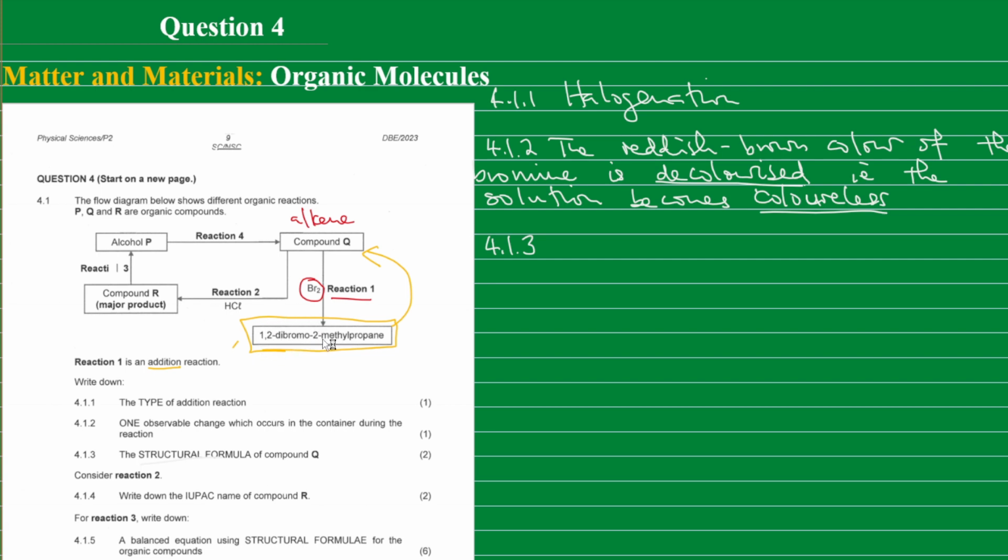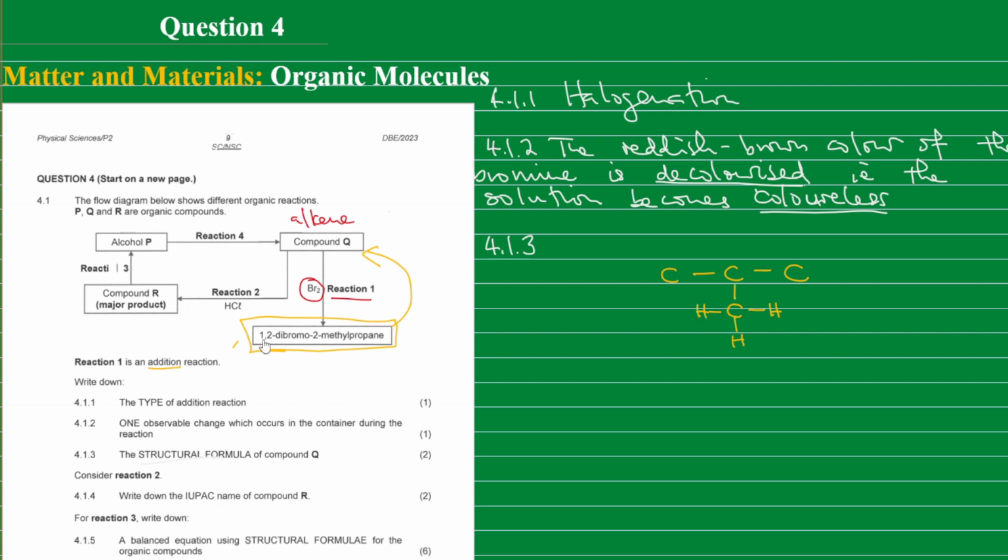1,2-dibromo-2-methylpropane. What we have here is a propane, so I'll write propane as carbons 1, 2, 3. We are told that at carbon number 2 we've got a methyl, which is C with 3H. So that is a 2-methyl.